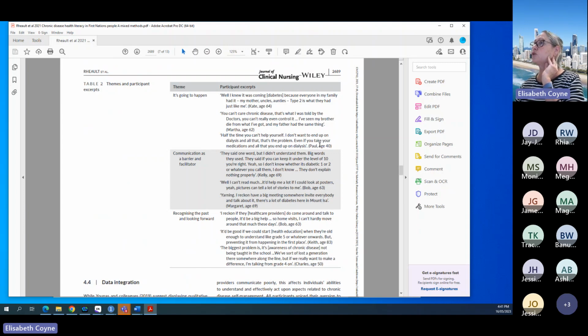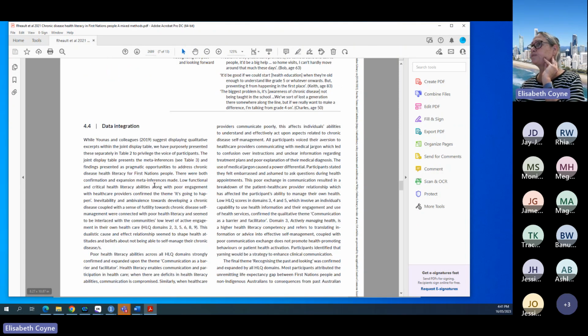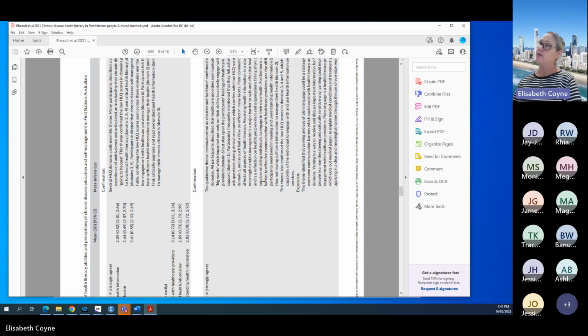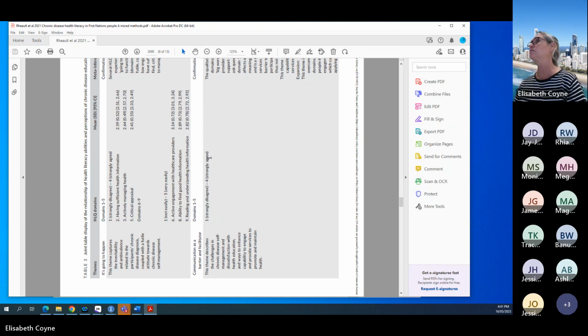This is where they've built the qual results and integrated them by looking at how the domains of the survey were brought together with their qualitative comments. You can see here the domains and also the comments.